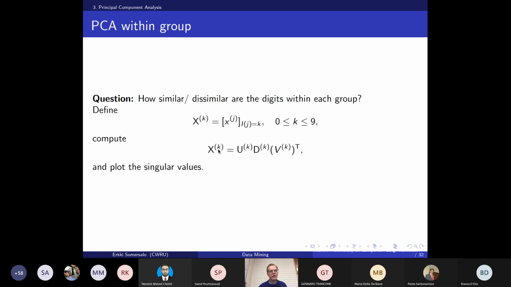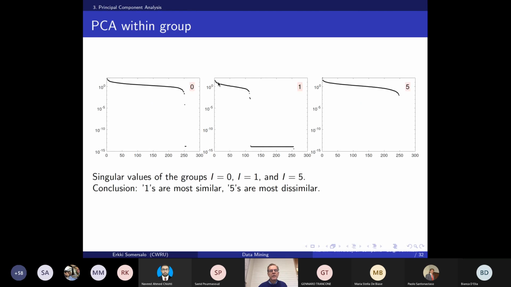So here xk contains only, let's say, ones or sevens, depending on what my k is. And then these U_k, D_k, V_k represent the singular values and singular vectors of that group of data. If you plot those singular values, let's look at this center one.